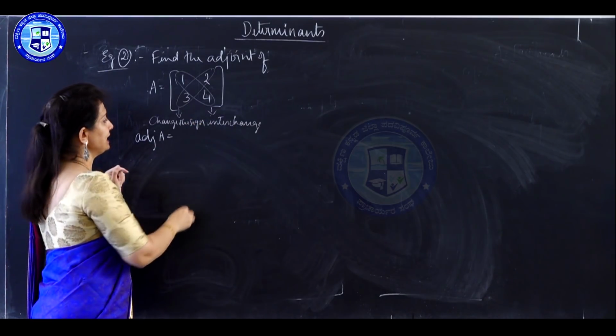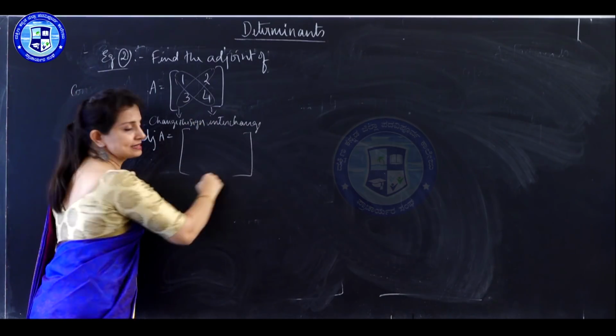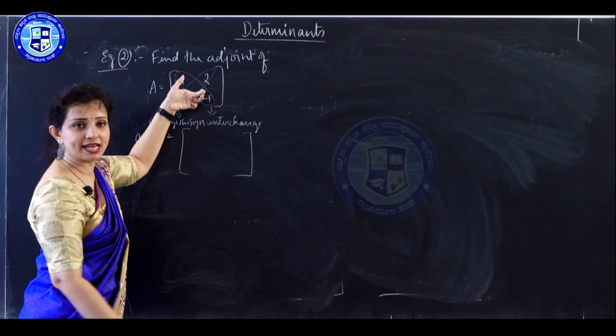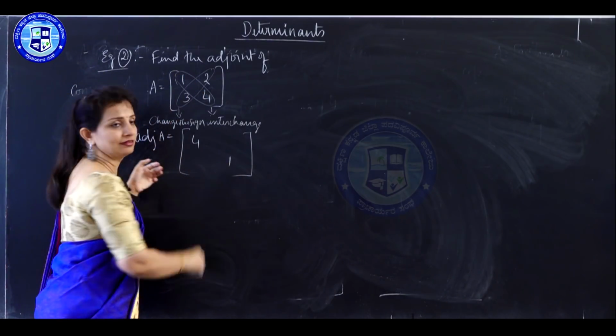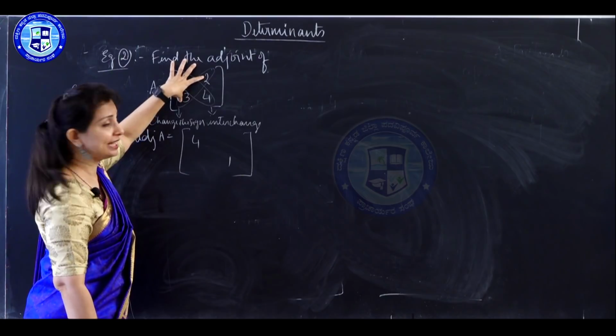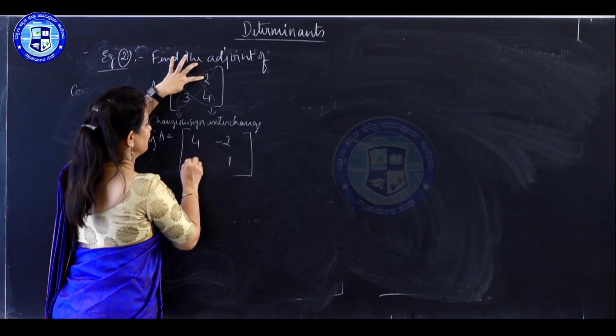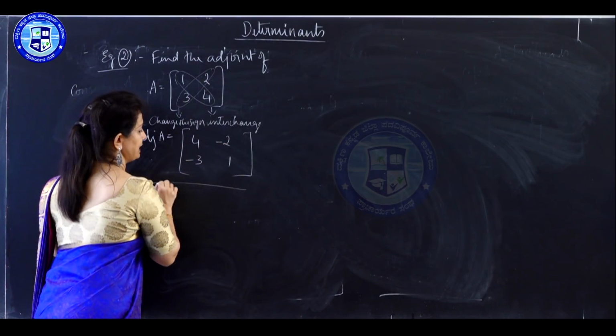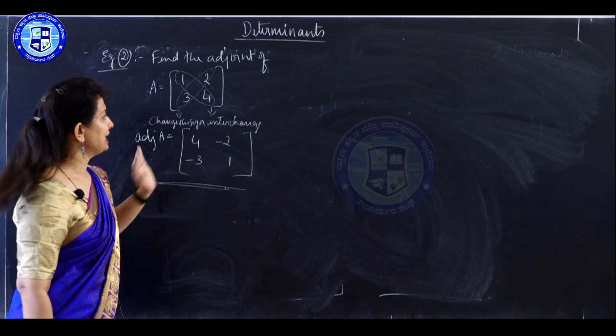So, what is adjoint A? It is written as the diagonal elements interchanged, 4, 1. Off-diagonal elements change the sign, minus 2, minus 3. This is the adjoint A. Look at this, students, directly we get it.